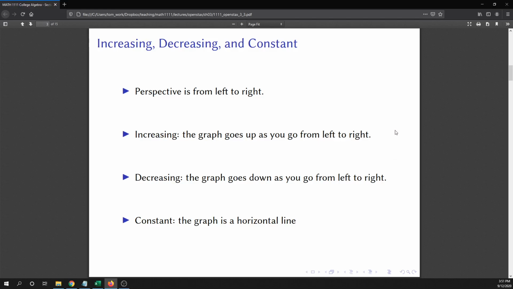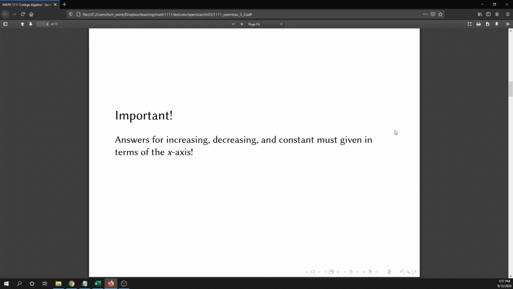But there is also one very important thing to remember about how you would phrase your answer in terms of increasing, decreasing, and constant. They must be given in terms of the x-axis. All right, and that is a little bit counterintuitive. Most of the time, say if you had to walk up a big hill, really steep, it takes a lot of effort.